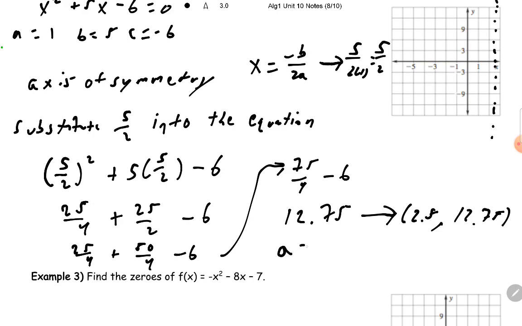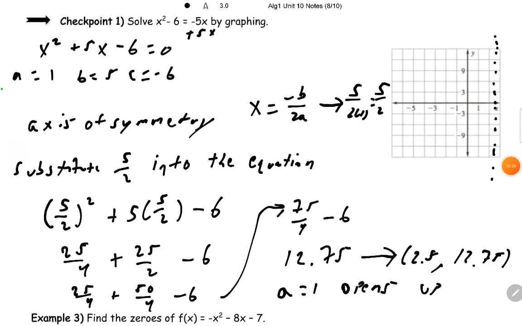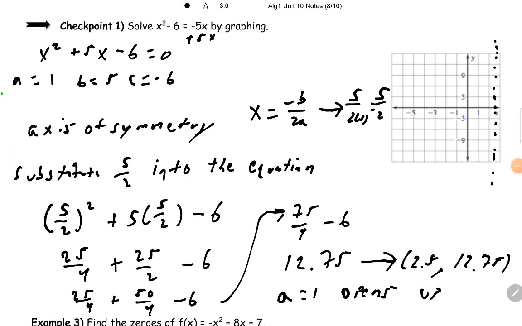We know, since a equals 1, it opens up. So we have something that looks like this. So (2.5, 12.75), so around here, and then it opens up.